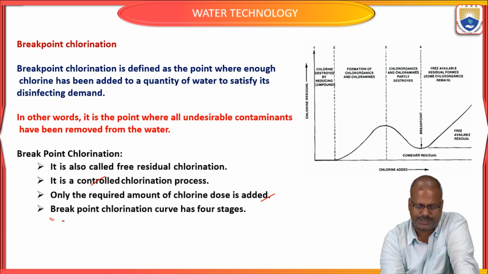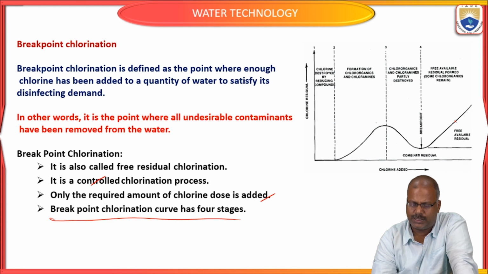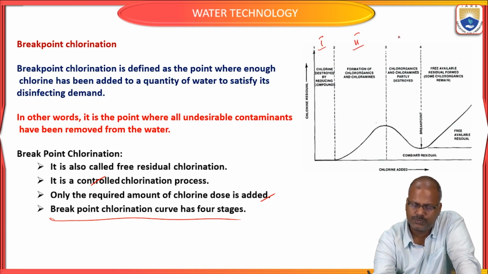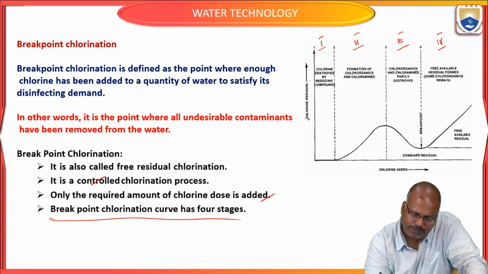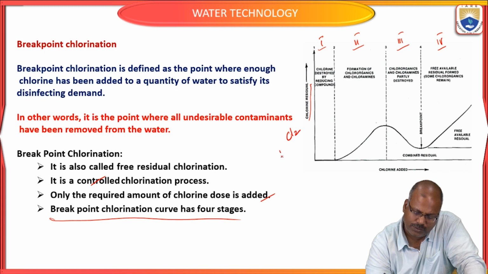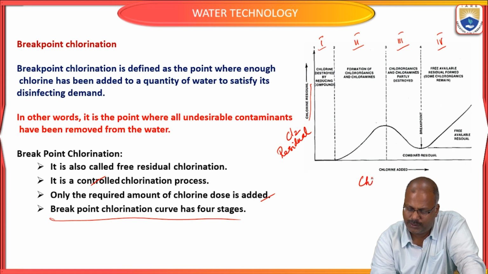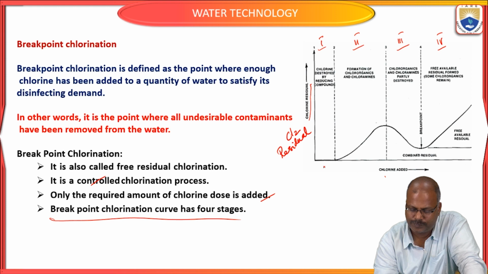The breakpoint chlorination curve has 4 stages. So this is the 1, 2, 3 and 4th stage. The Y-axis is chlorine residual and the X-axis is chlorine added.